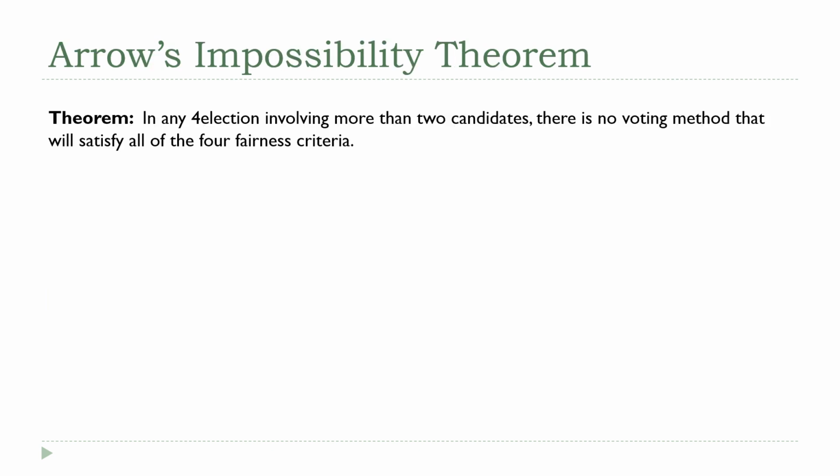So fairness is kind of taking a bit of a beating here today, and unfortunately, the situation is actually even a little worse than it might have appeared so far. We have this thing called Arrow's impossibility theorem, and what it says is, in any election involving more than two candidates, there is no voting method that will satisfy all four of the fairness criteria.